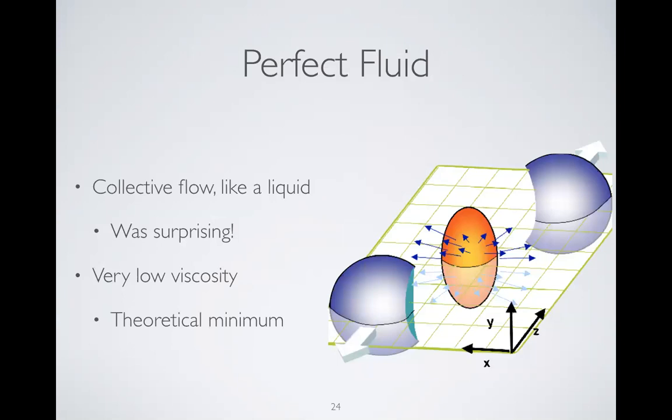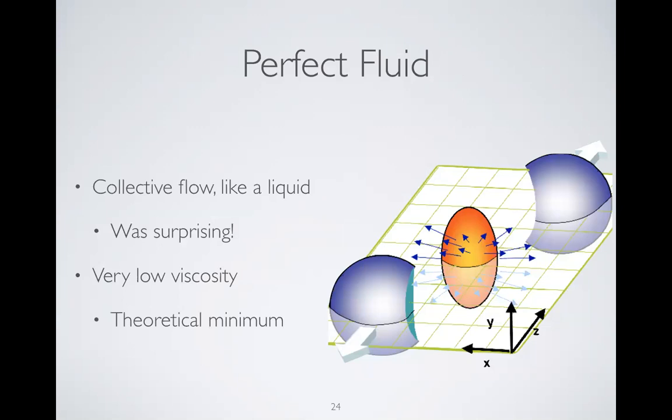It also turns out to be what we call basically a perfect fluid, so we get collective flow like a liquid. In this picture, you can see two spheres. When two spheres collide, if they don't line up perfectly, which there's no way to make them do, you get some misses, some glancing blows, and some that are close to head-on. But you have this overlap region that's going to be sort of almond shaped or pill shaped, right?